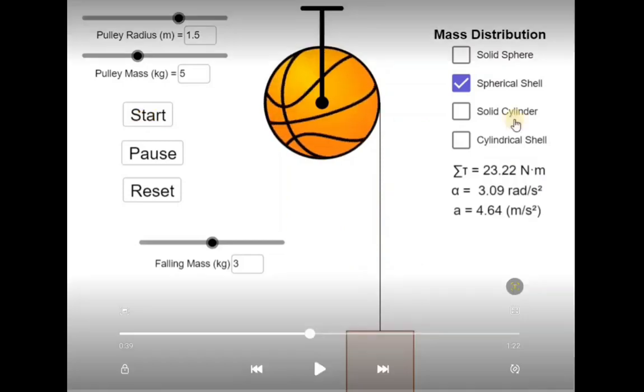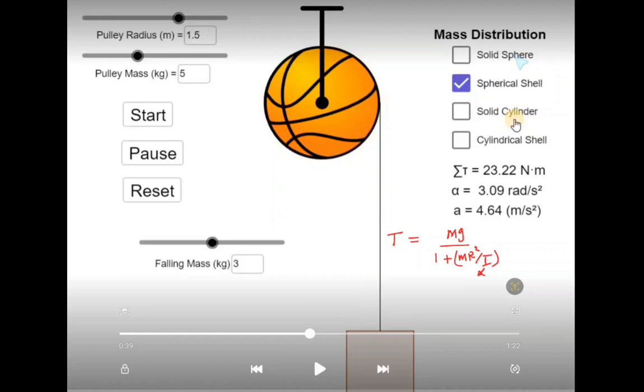As we can see here, the net torque we obtained for this spherical shell is different from the net torque we obtained for the solid sphere, because the tension we just calculated before is equal to mg over 1 plus m r square over I. So the tension depends on the moment of inertia of the pulley itself.